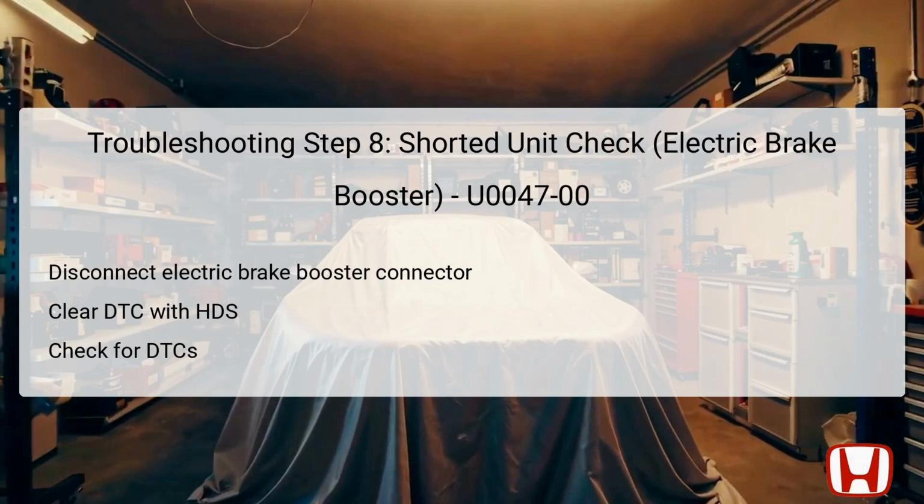Wait 6 seconds after powering down the vehicle, and then turn it back on. During the final check for DTCs, if U0047-00 remains, additional inspections of other affected modules and units may be necessary to track down the fault's origin.